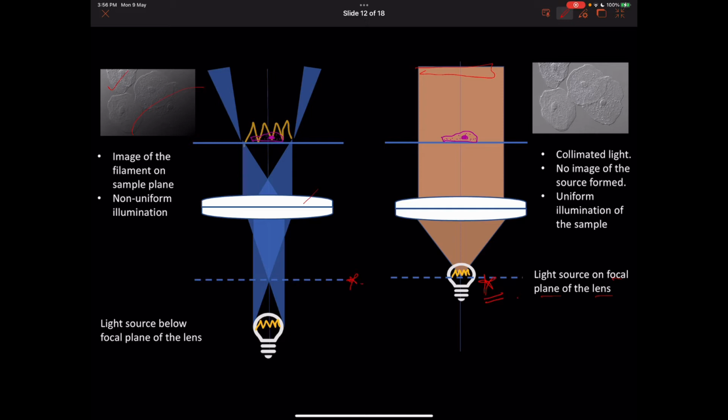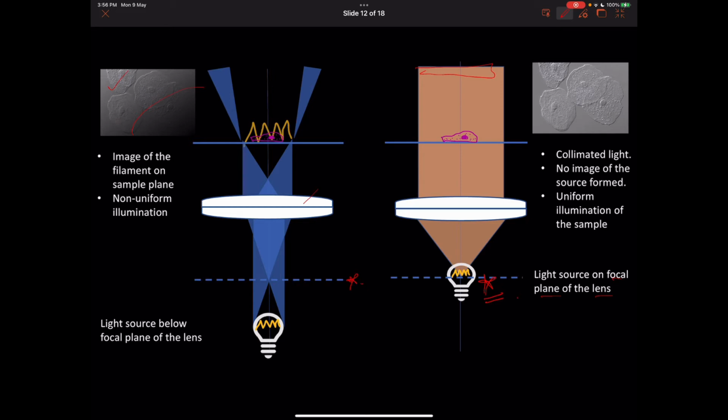We are yet to understand how we align the imaging part of the microscope. So till here, we have seen what is to be done: we have to take our light source to the back focal plane of the condenser lens so that a collimated beam of light can be produced.